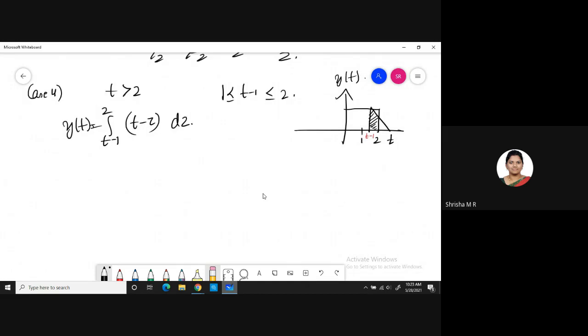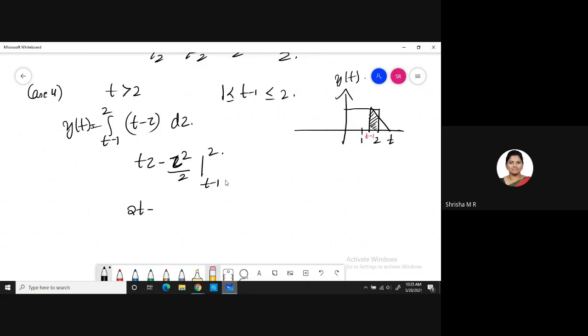If we integrate with respect to d tau, you will have t tau minus tau square by 2 with limits t minus 1 to 2. Put upper limit and lower limit and solve it. So we have 2t minus 2 square by 2, putting 2 in place of tau, the upper limit, minus, in place of tau, you put t minus 1.